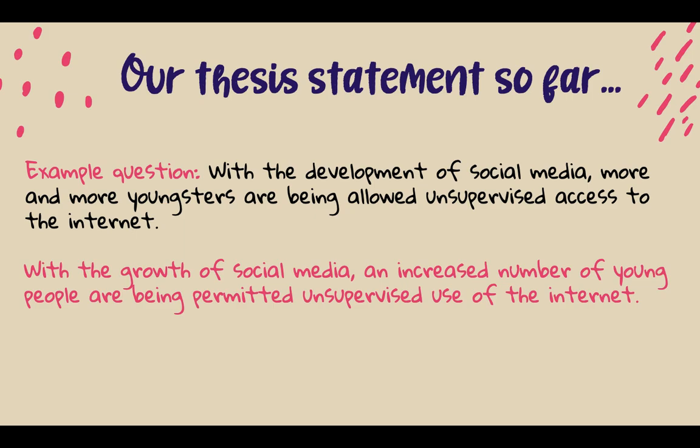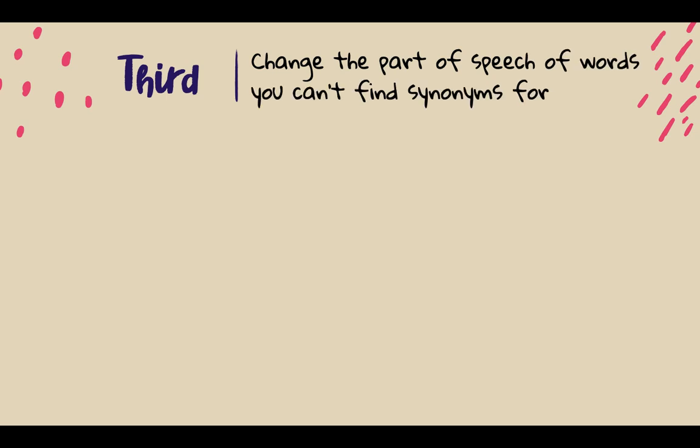And this leads us to the next step in paraphrasing. When you cannot think of a decent synonym, perhaps you could try using the word but in a different part of speech. That is step 3. Change the part of speech of words you can't find synonyms for.